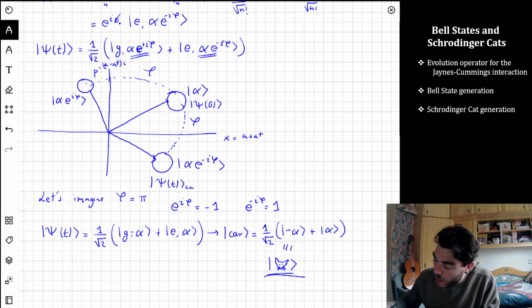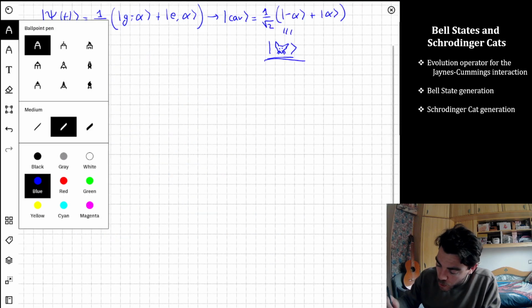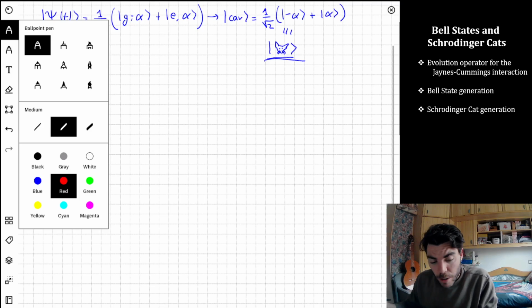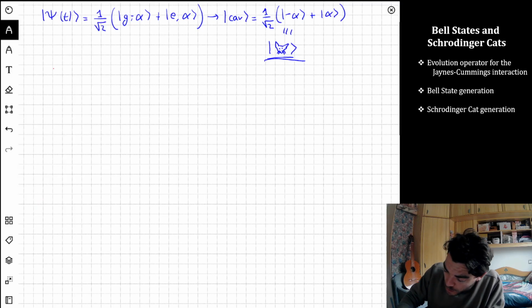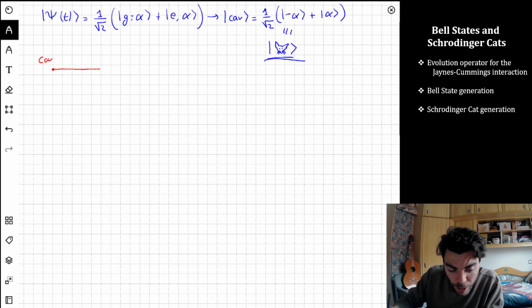So to recapitulate and to finish off this video, what we have done to create the cat state is, we have a cavity that is an auxiliary cavity. We make a pi over 2 kind of interaction of this cavity with an atom, or with a qubit here.